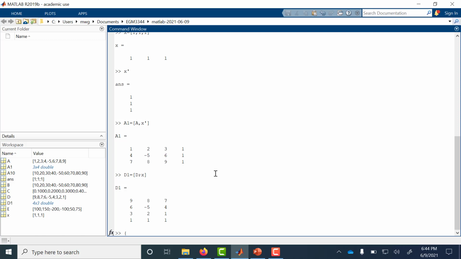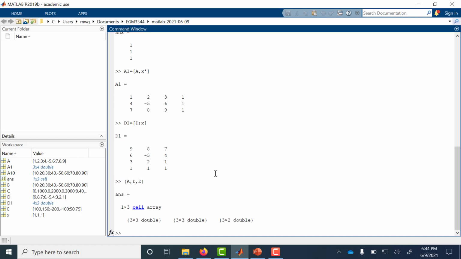Now, if I go and look at that cell array, I just do this so I can see the sizes. Oh gosh, no, I needed A1, D1, and E. Yeah, so there's the 3 by 4 times a 4 by 3. That would give me a 3 by 3. And that result, I could multiply by 3 by 2. Let's see if it works.